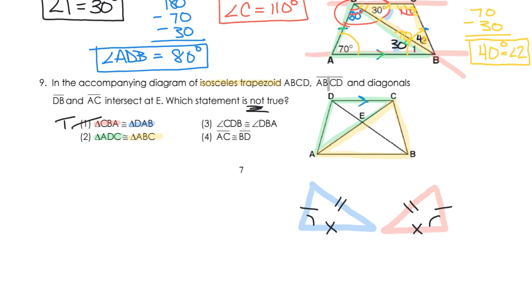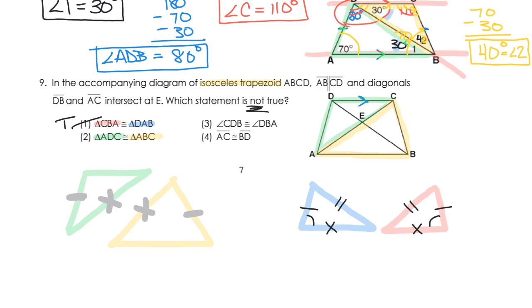We could pull those triangles out and see if we can mark them. We know that this side here is equal to this side here because those are the legs. We know that this side here is equal to that side because that's a shared side, AC.